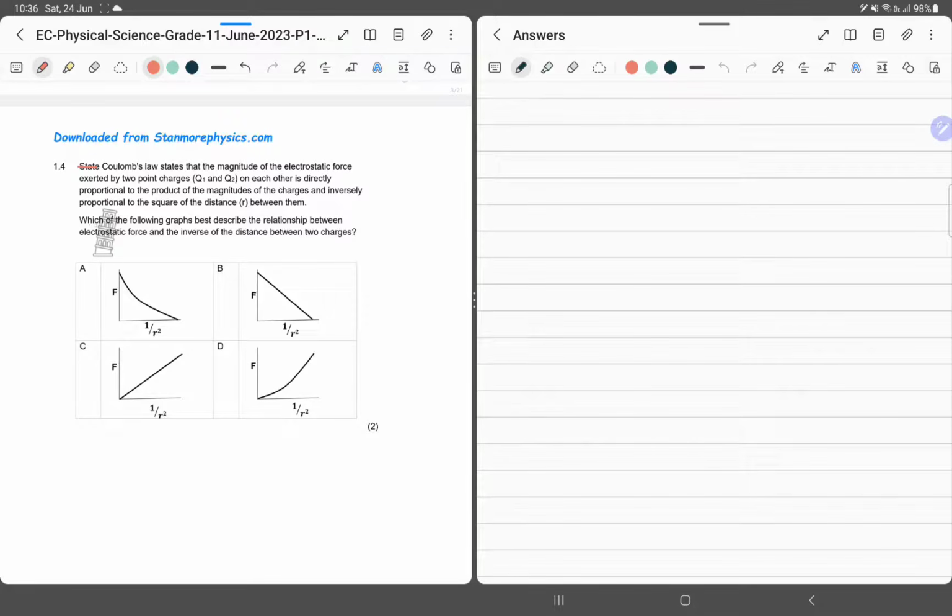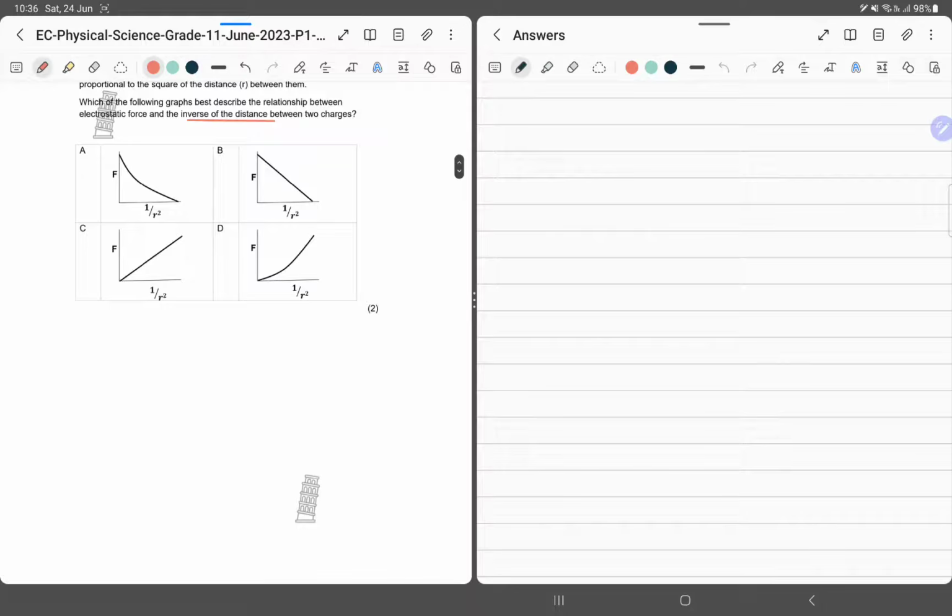True. Now it says, which of the following graphs best describes the relationship between the electrostatic force and the inverse of the distance between the two charges?